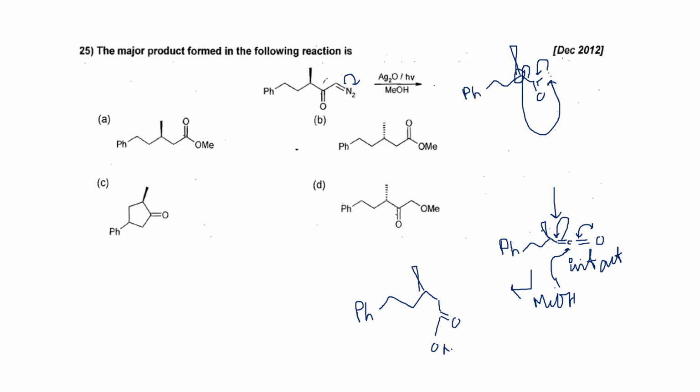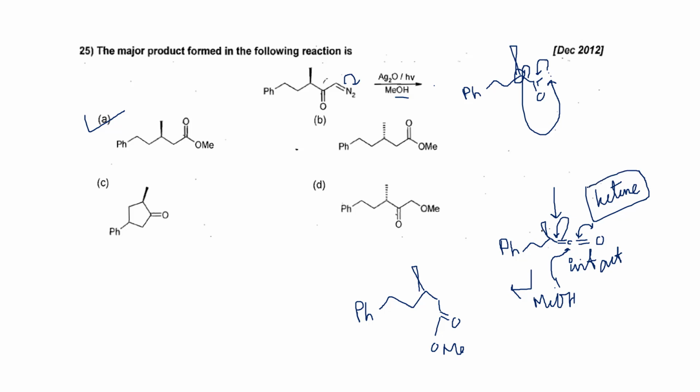So the correct option is option A. Correct option is option A. Okay. So this reaction goes through a special type of intermediate. This is called a ketene intermediate. It's also known as the Wolff reaction.